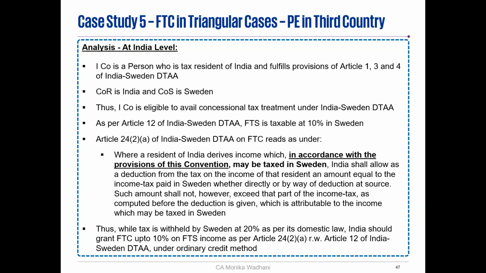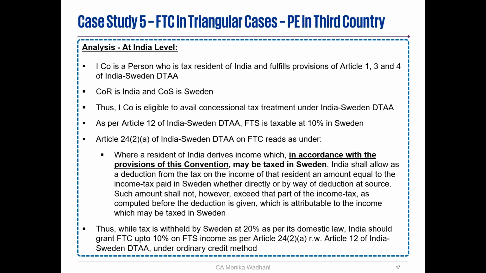And as per Article 12 of the India-Sweden DTAA, FTS is taxable at 10%. And as per Article 24(2)(a) of the India-Sweden DTAA, foreign tax credit reads like an ordinary credit mechanism. That is, income should be taxed in accordance with the provisions of the Act treaty, and it cannot exceed the tax which is attributable to the income which may be taxed in Sweden.